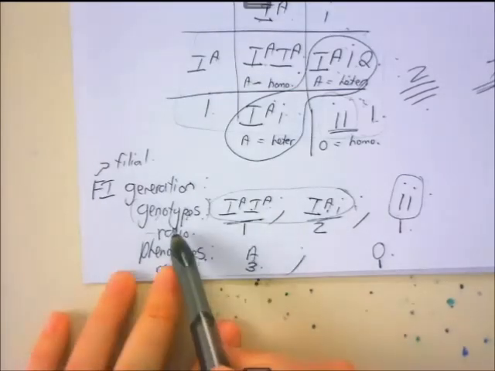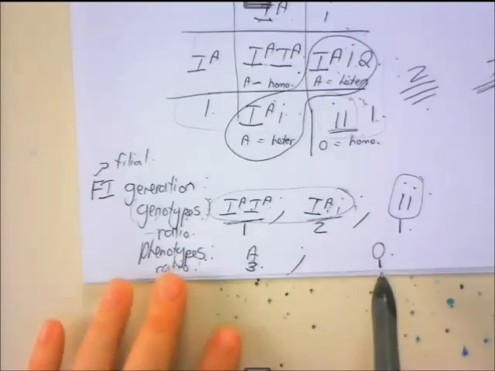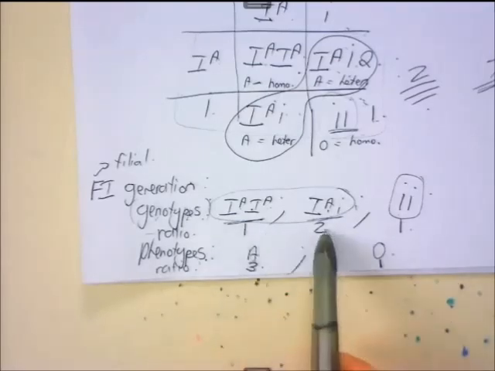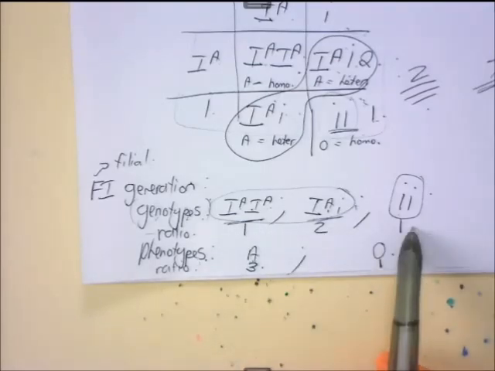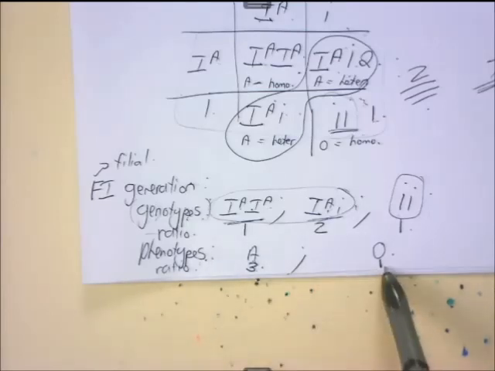Sometimes you might have a genotypic ratio which is the same as the phenotypic ratio, but not all the time. Okay, in this case you had a 1 to 2 to 1 ratio in the genotype, which then obviously resulted in a very different ratio of 3 to 1 in the phenotype.